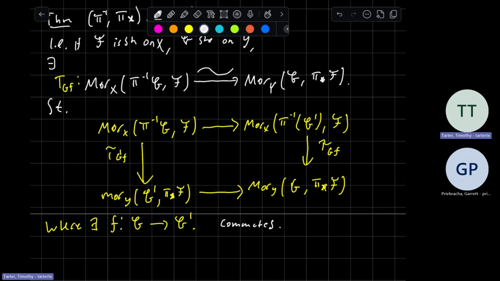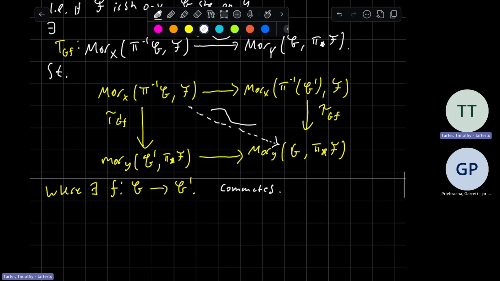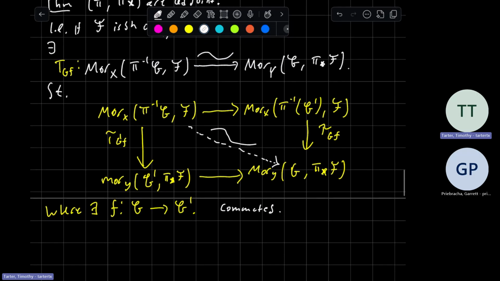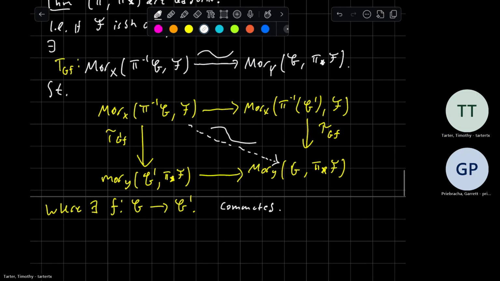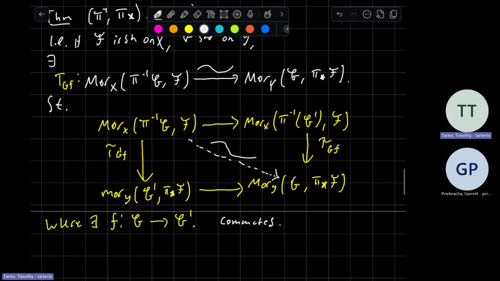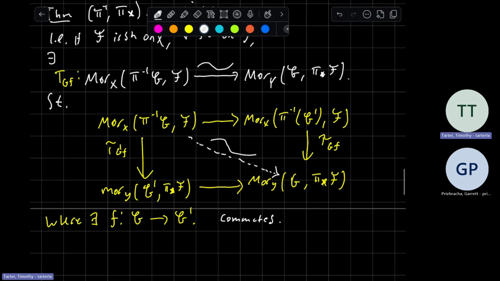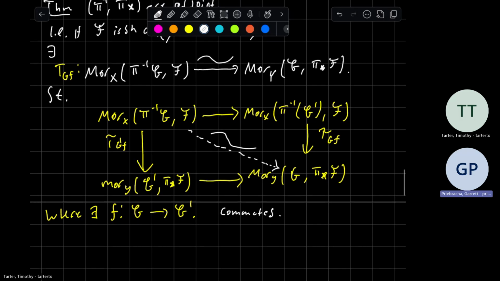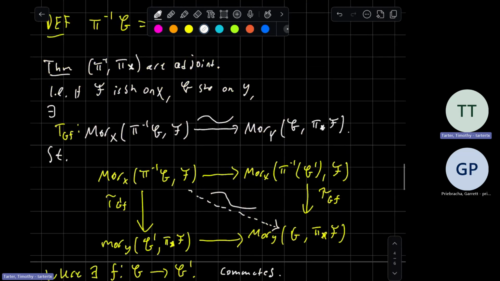Of course, this is the bijection that we care about, but it commutes through strange methods.